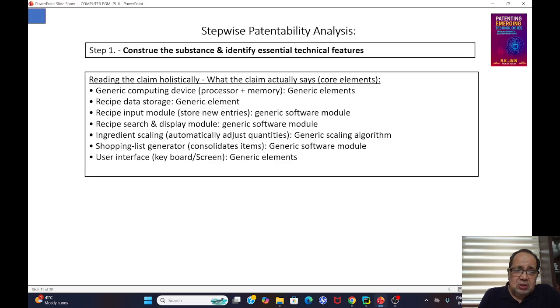Then finally the shopping list generator, which will give the short items list which has been used by the system in making the earlier recipes. And finally, the user interface for all the above. So all of them can be seen to be generic elements or generic software modules. There isn't any mention of any novel hardware module or a novel procedure here.